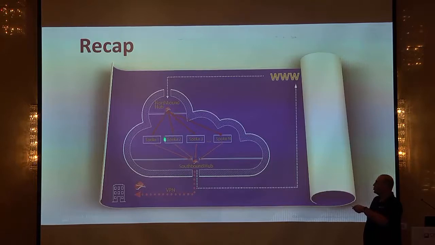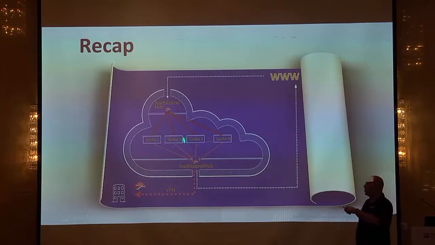Let's say that Spoke 2 right here is hosting your database servers. There is no way in the world, I guess, that you would want this Spoke to be exposed to the internet. So in the regular design, you can have a policy here on the North Hub, on the gateways, that will block traffic to Spoke 2.